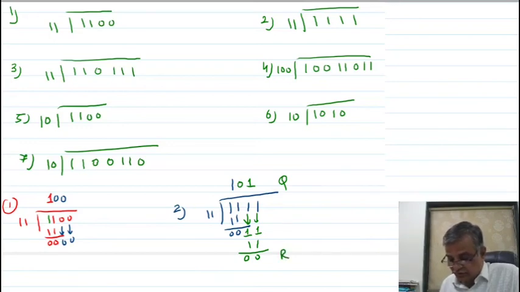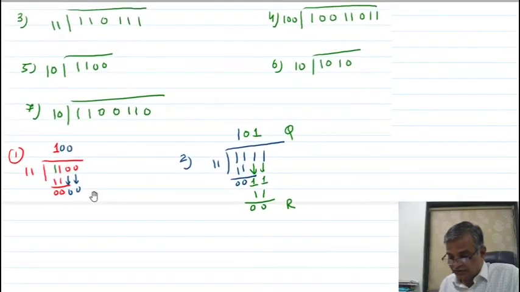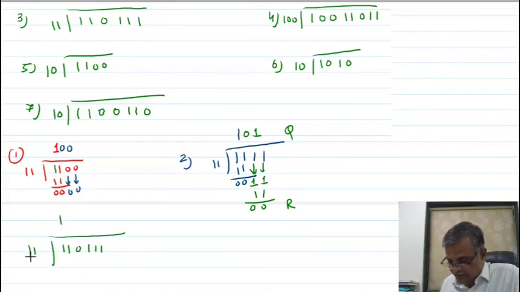Now let us go for the third one. This is 110111 divided by 11. Divided by 11, multiply 11, this is your 0, 0. Take it down, so I have to put the 0 here.